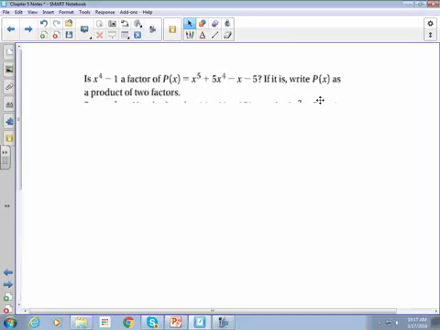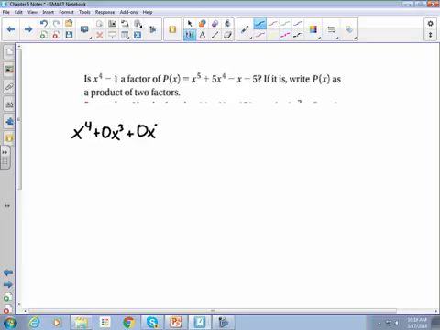So this is going to show you how we insert the zeros for our missing terms. So we have x to the fourth plus 0x to the third, because we've got no x to the third term. So 0x squared, because we've got no x squared term.